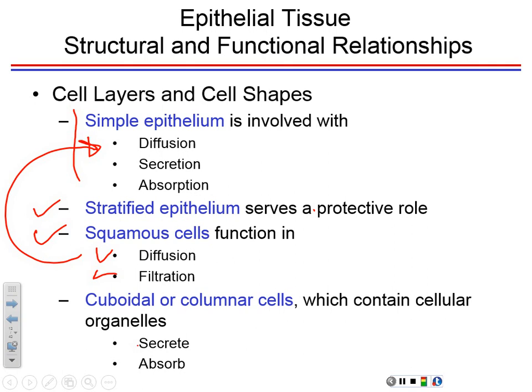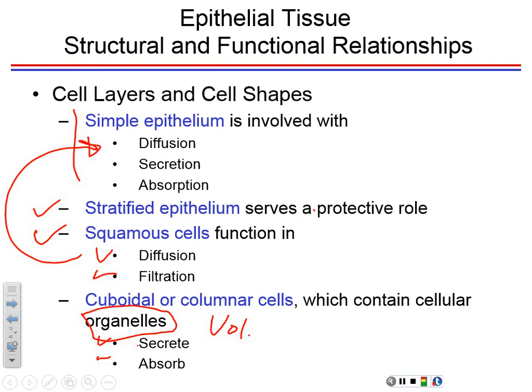The more volume there is, like we said, it lends itself to it. So it's volume, secretion, and also absorption. Because when you absorb something, you want somewhere to put whatever you're absorbing or to process it. If you have a very tiny flat cell, it's going to be hard to absorb something and then try to process it. So that's why you've got organelles in there, a lot of them.